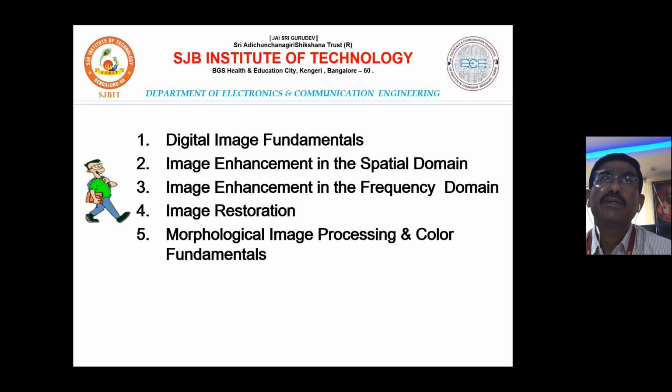N4 is nothing but the neighboring 4 pixels to be considered, horizontal and vertical. Similarly, ND pixels. ND is nothing but only the diagonal pixels to consider. And the combination of N4 and ND becomes N8, both horizontal, vertical as well as diagonal elements.